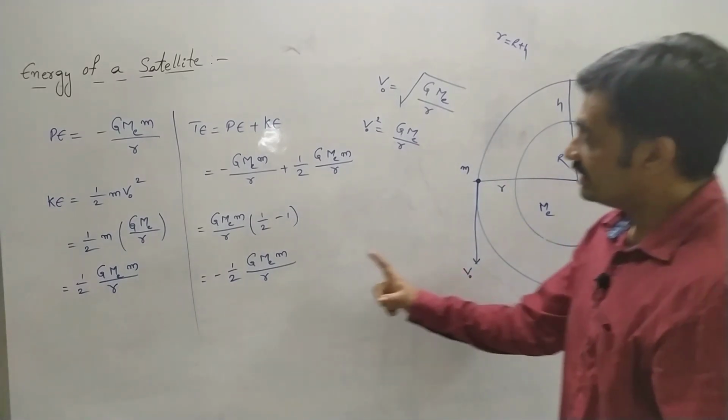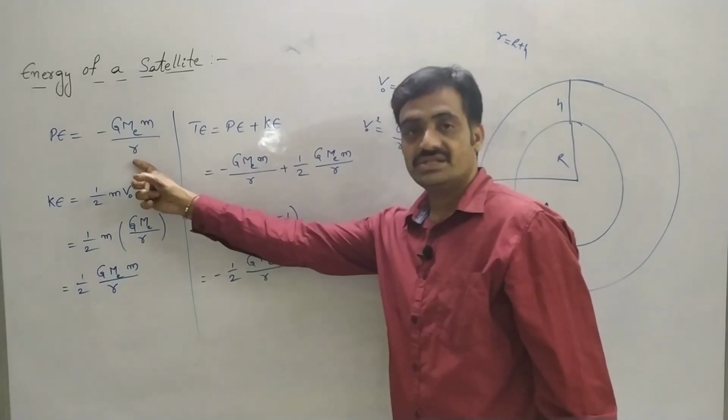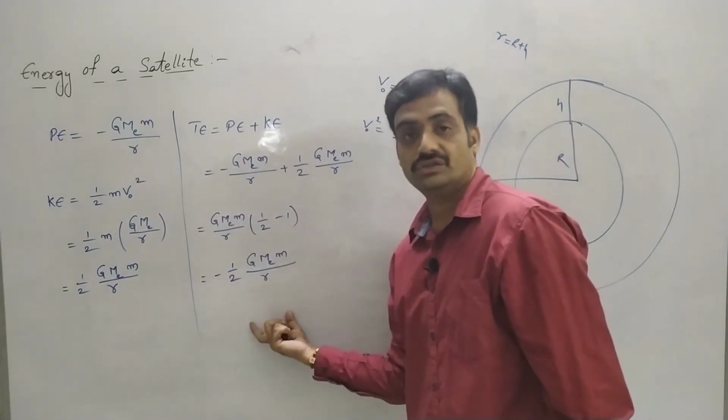Here we have represented the potential energy of the satellite, the kinetic energy of the satellite, and the total energy.